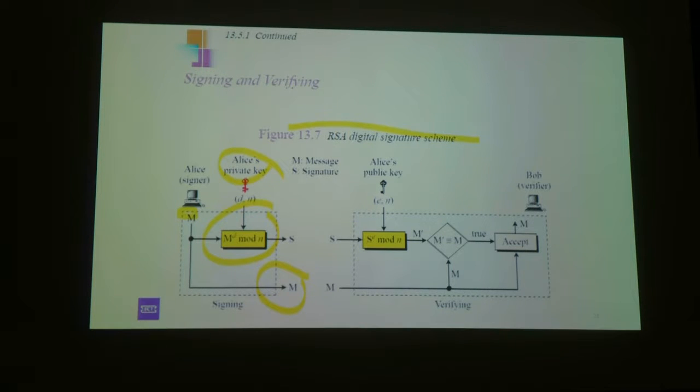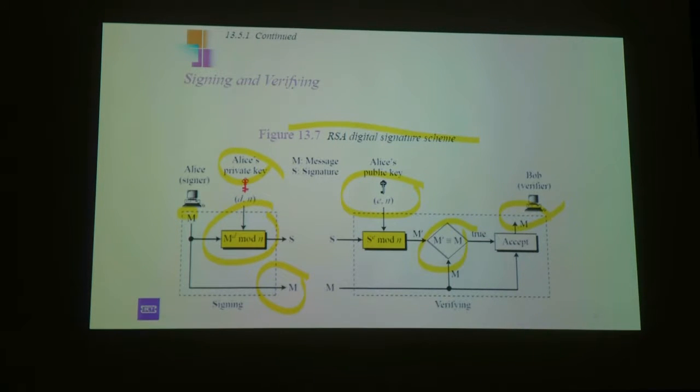And then at the recipient, what will happen? They will decrypt the message using E and N, E being the public key, and then compare the received message with the calculated message. If they are the same, then accept the message because it's the right signature. If they are different, then it's not the correct signature.